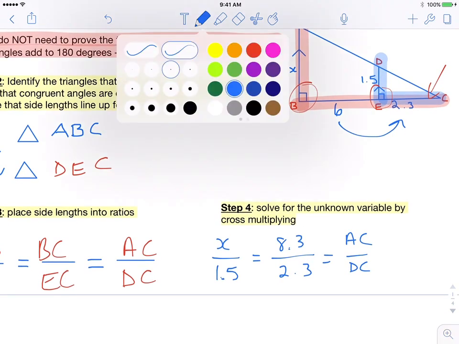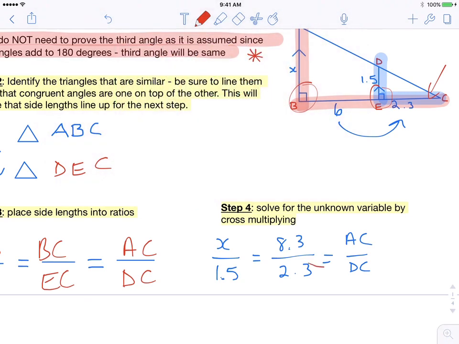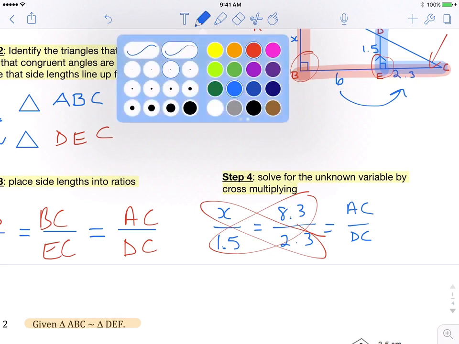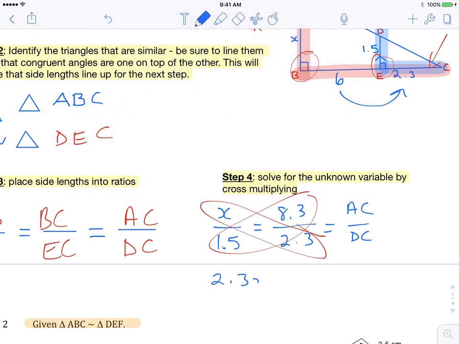And that's not to worry, because really all we care about is solving for x, and we can do that by cross multiplication right here. So we're going to end up with 2.3x equal 1.5 times 8.3. First multiply 1.5 times 8.3, and we get 12.45, and this is 2.3x.